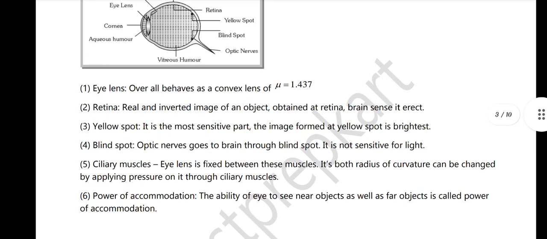The yellow spot that you can see in the diagram is the most sensitive part. The image formed at the yellow spot is brightest. Next, the blind spot.